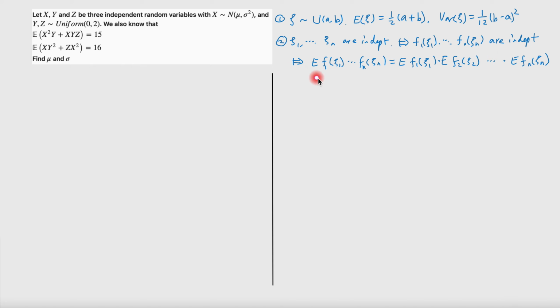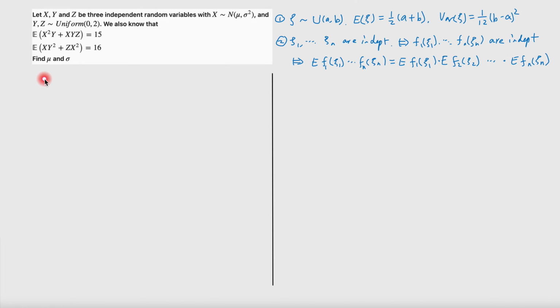So this implies that the expected value of f1(X1) times f2(X2) all the way to fn(Xn) is equal to the expected value of f1(X1) times the expected value of f2(X2), and all the way to the expected value of fn(Xn). In other words, we can move the expected value inside of this product, right? Now, let's go back to the problem.